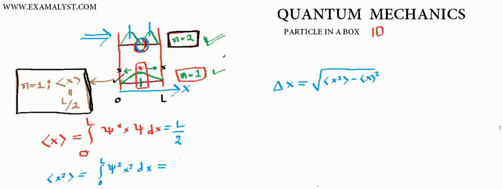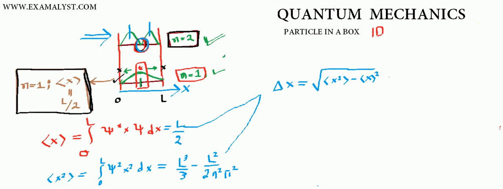You will get a value of L cube divided by 3 minus L square divided by 2 n square pi square. In this manner you put both the values in delta x, and you can find the uncertainty in delta x.